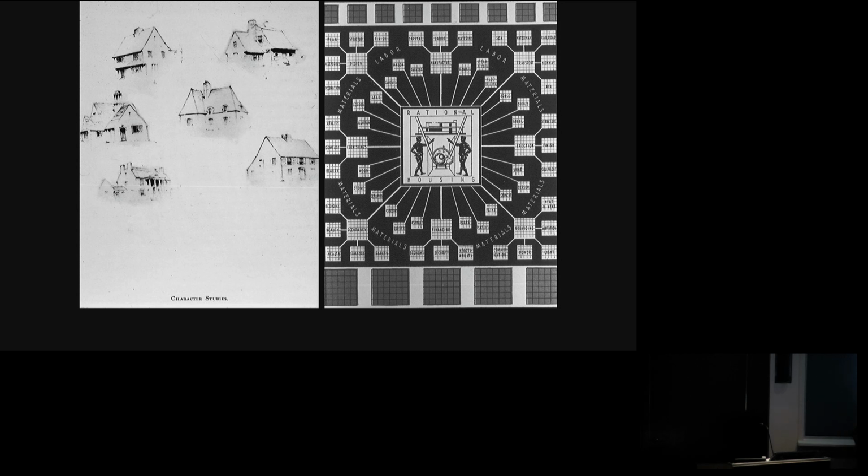These are some character studies, different kinds of roofs meant to be evocative, picturesque, something that summons up certain sentiments. This is from the 1930s, Alfred Bemis, Rational Housing. This is all about being much more reasonable, focusing on questions of function, embracing mass production, being forthright about it.